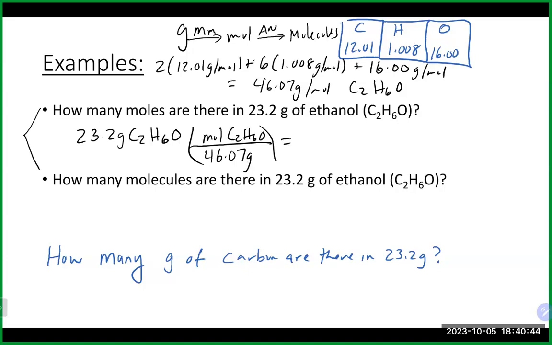The grams will cancel. So since we do want an answer here, we'll take 23.2 and divide it by 46.07, and that will get us 0.504 moles of our C2H6O. Any questions on that so far?